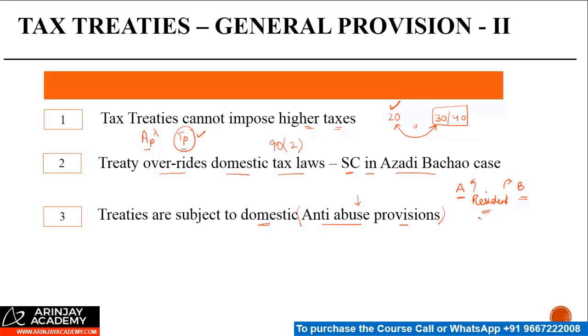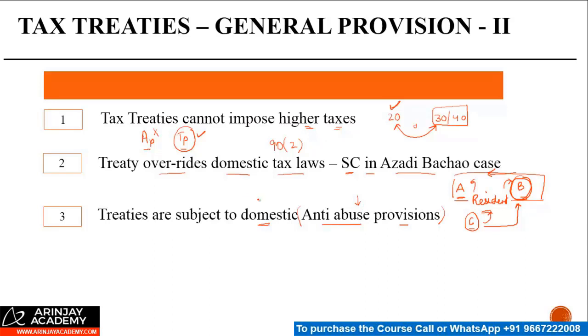Many times, a person who is a resident of a third country C may try to take the benefit of the provision which might be there between country A and country B, even though he is not a resident, by framing certain patterns in a manner that he is able to technically claim a benefit here. So in a nutshell, he is actually abusing the provision between country A and country B, right? Why? Because even though he is not entitled to the benefit of this treaty, he's trying to use it.